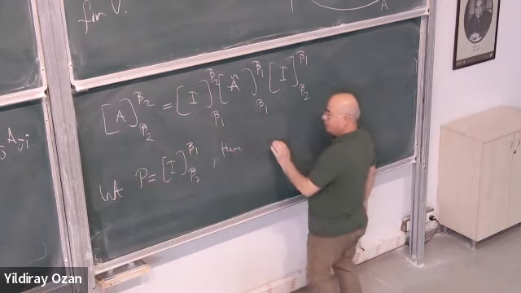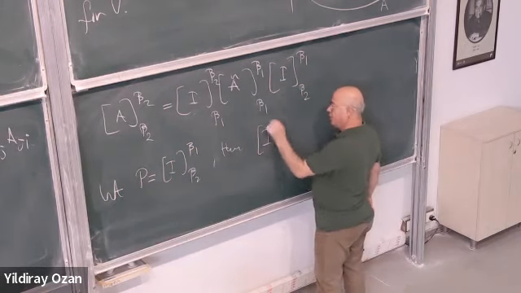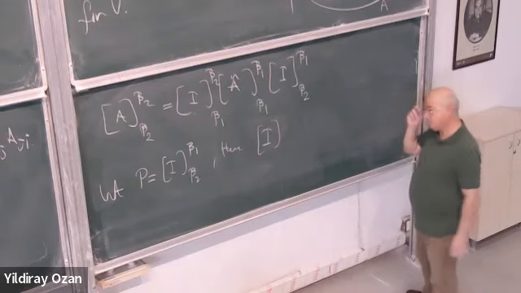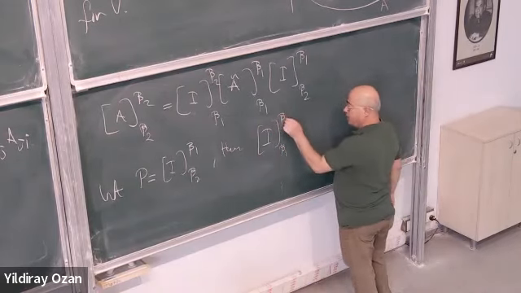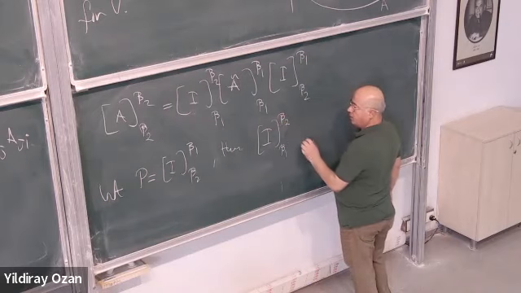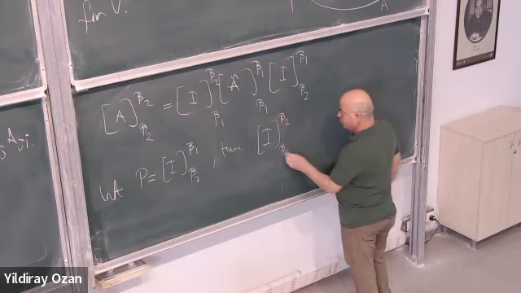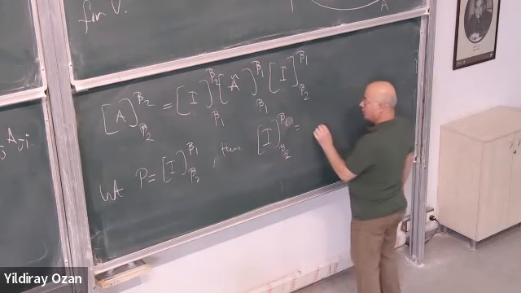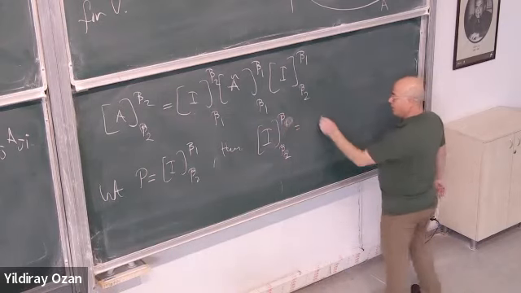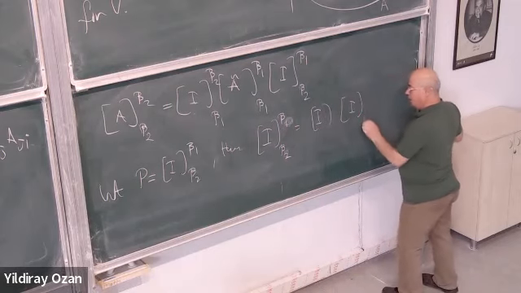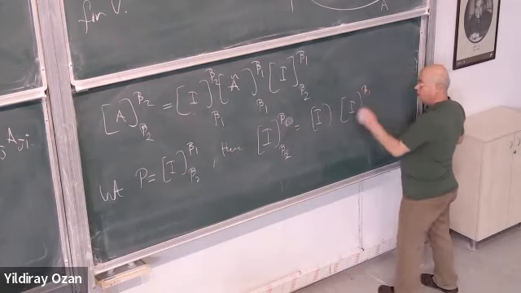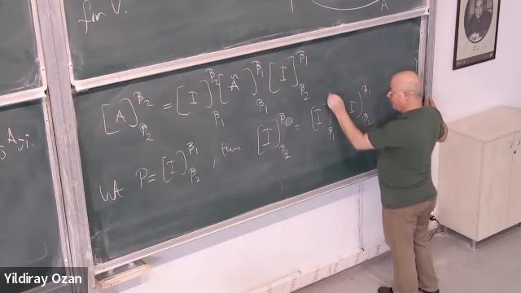Then, you see, identity from beta 1 to beta 1, beta 2 to beta 2, can be written like this. Identity times identity. Here I have beta 2 to beta 1 and beta 1 to beta 2.